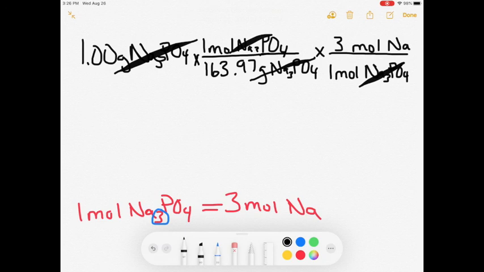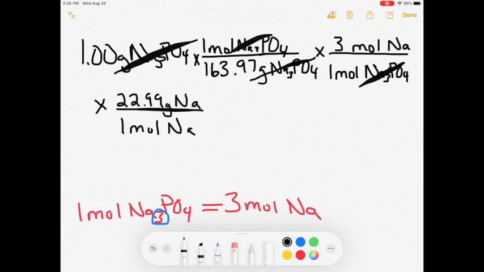Now we have sodium all by itself, but the question is asking for grams. If I went ahead and solved this, I would have moles of sodium, but I need one more step to get it to grams. So now we're going to use the molar mass of sodium to go from moles to grams. 1 mole of sodium is equal to 22.99 grams of sodium.